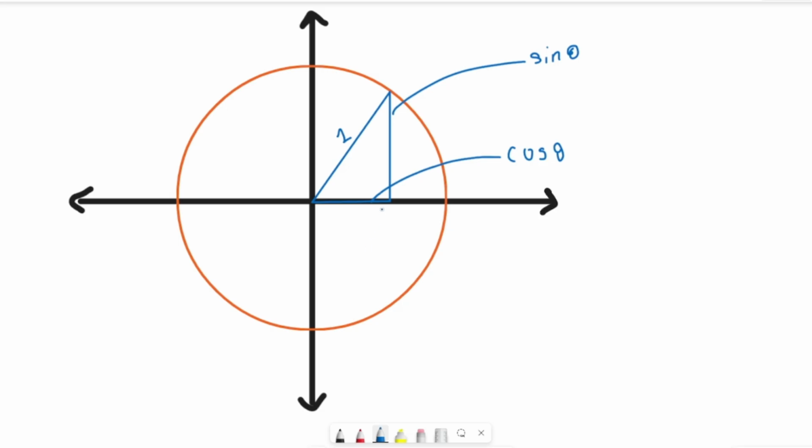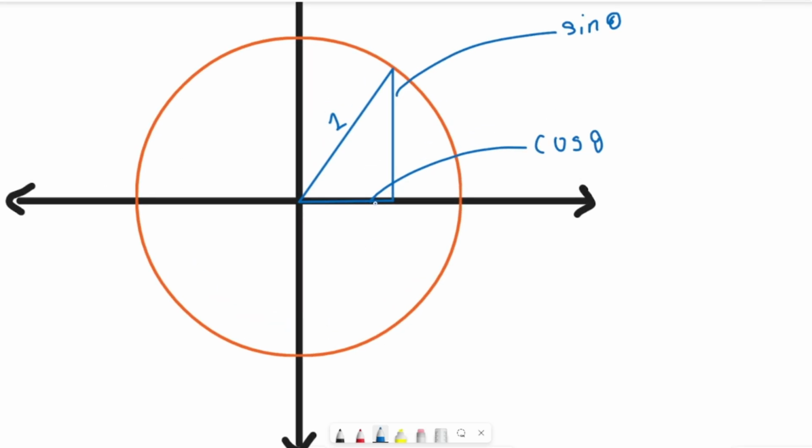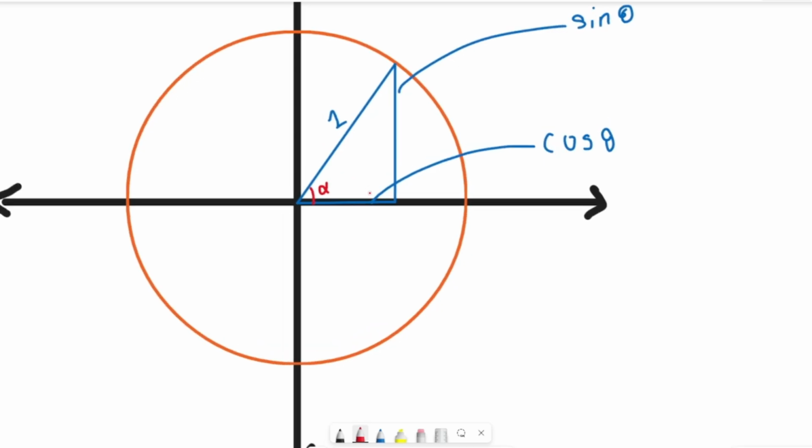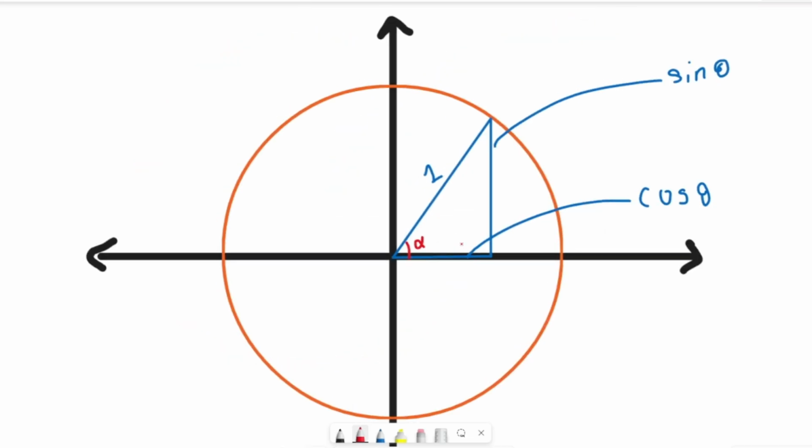So basically, last time we supposed that this angle that we marked here was theta, but from today onwards, I'm going to call this the basic angle, which we denote by alpha. So this is alpha, and the reason I'm calling this the basic angle will become pretty self-explanatory soon.